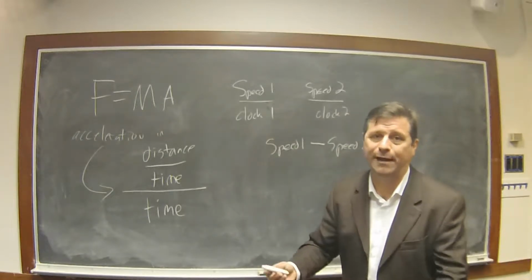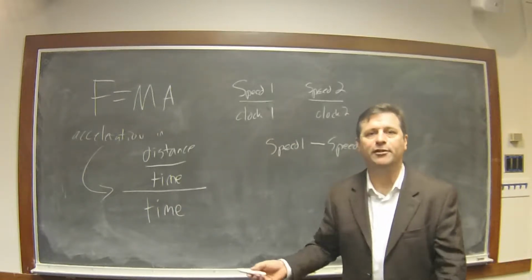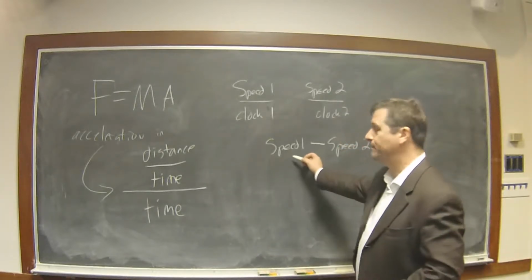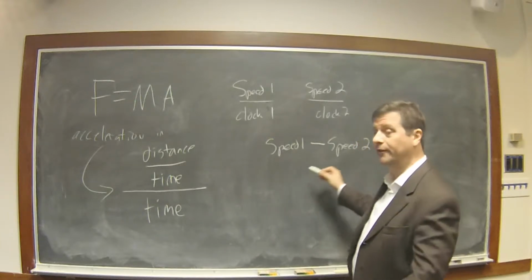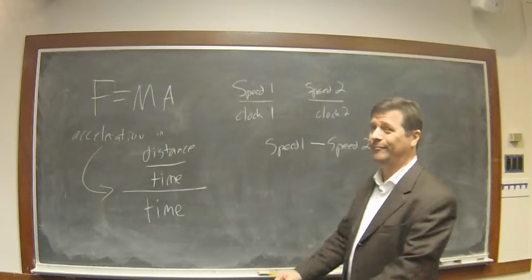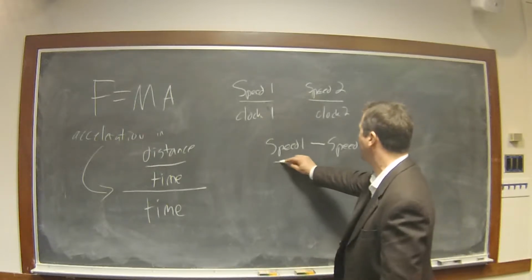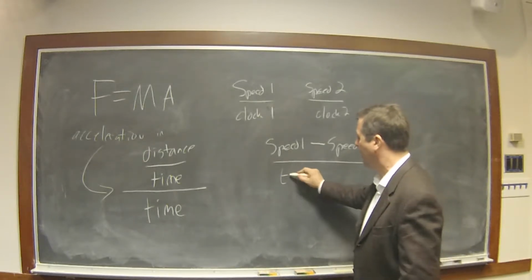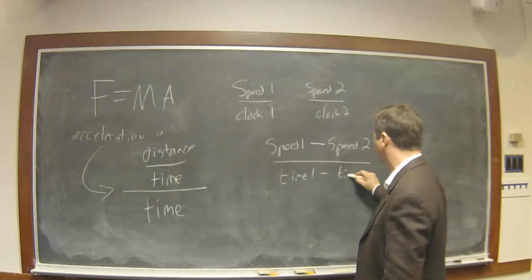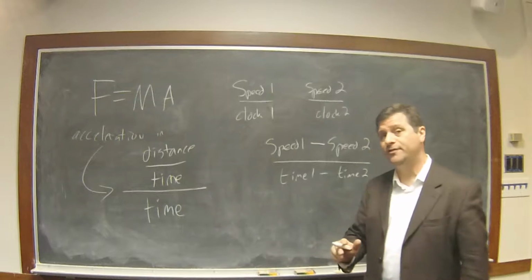It doesn't really matter. If there's a negative sign, wherever it appears, you just have to remember it and follow it. So let's say speed 1 is lower than speed 2. We end with a bigger number, so it's a bigger negative number. It's going to be kind of weird, but let's see what happens. And then time 1 minus time 2. Those are our two times.